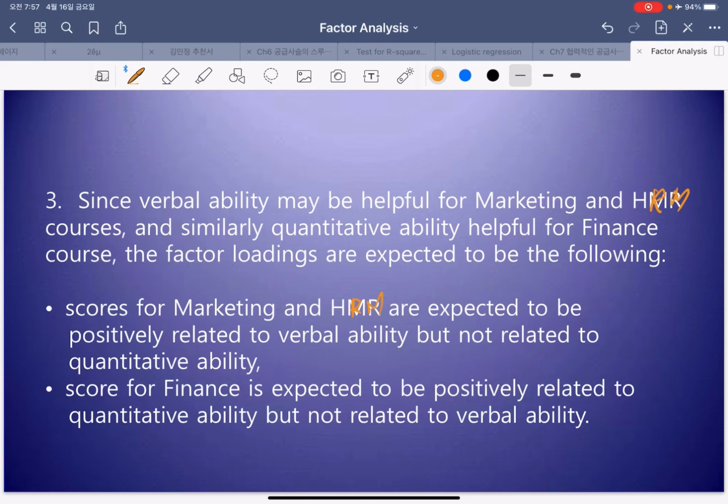So we can say that scores for marketing and HRM are expected to be positively related to verbal ability. And the score for finance is expected to be positively related to quantitative ability, right?